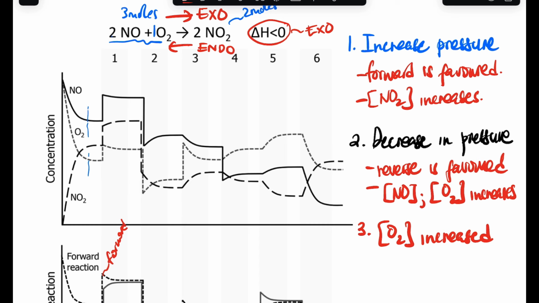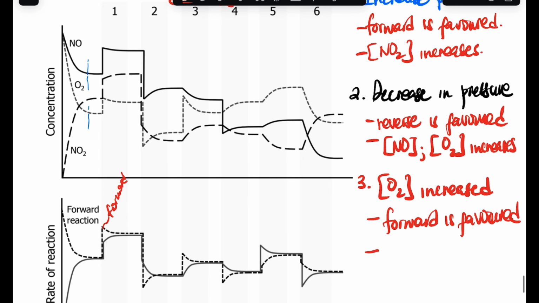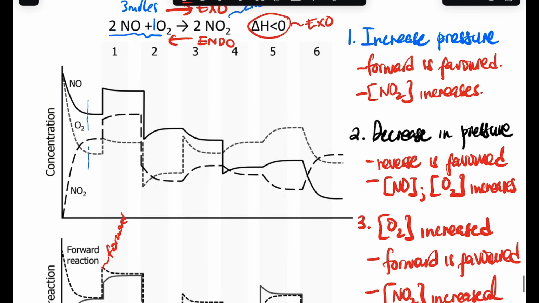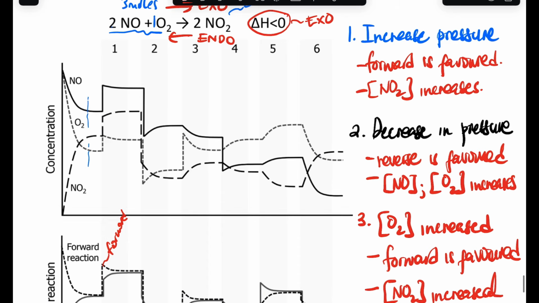If the product has been increased, that means the forward reaction is favored, and the concentration of nitrogen dioxide increases. That was increased by the system, right? I hope this is making sense, guys, thus far.